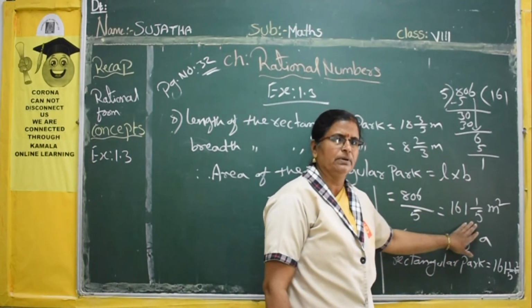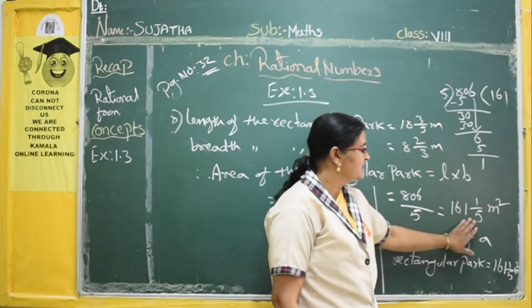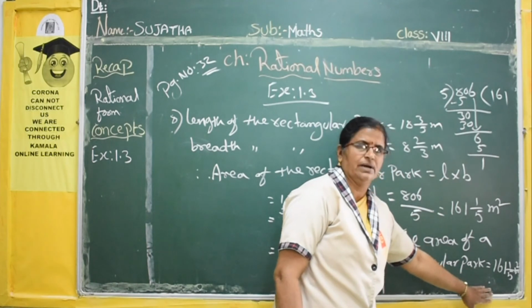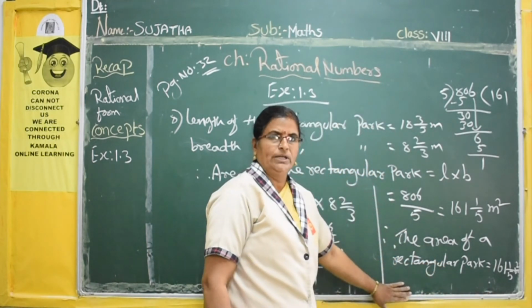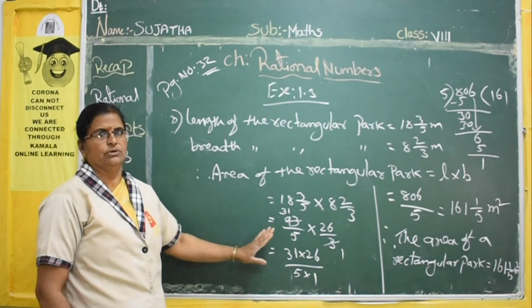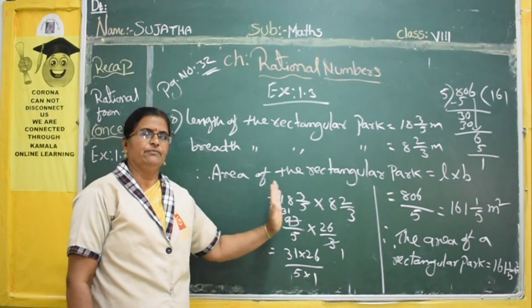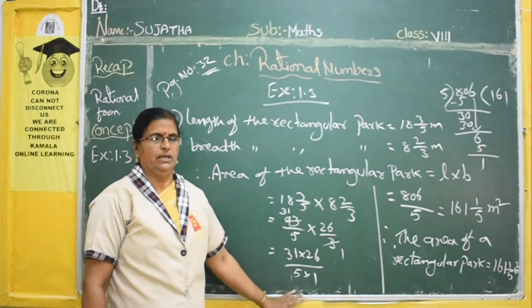That is an improper fraction. We changed it into a mixed fraction, so we got 161 1 by 5 meter square. This is the total area. Now, understood? I hope you have understood. What is the main concept here? The formula you should learn: area of a rectangle, L into B.